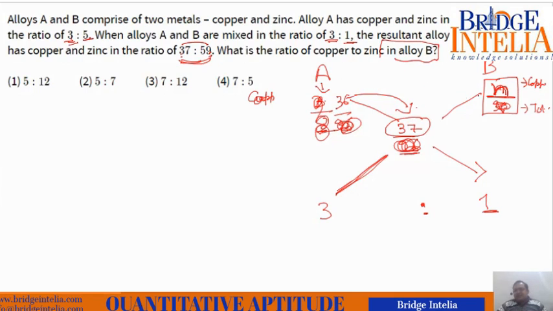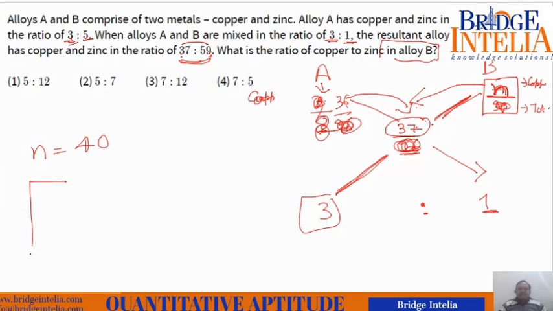So if it is greater than 36, it must be less than n. So n is actually 3 more than 37. So n should be equal to 40, because a difference of 3 has to be maintained here. So n comes out to be equal to 40.